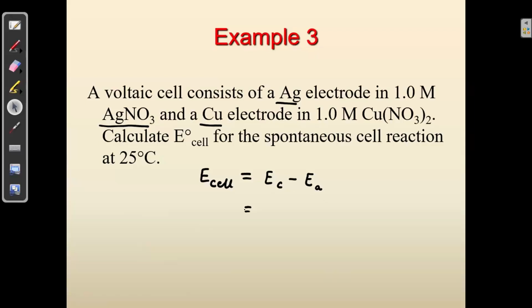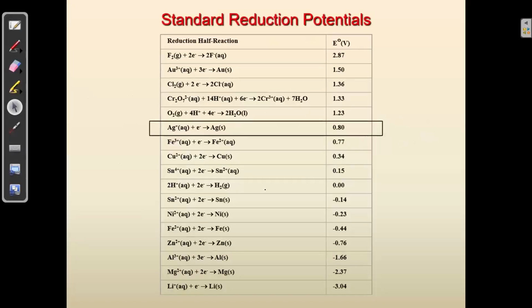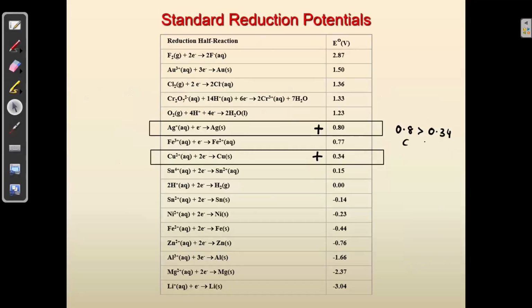How do we know which will come at cathode? Let us see the values in the table. Silver is 0.8, remember this is a positive value, and copper is 0.34. Out of these two, which is bigger? Definitely 0.8 is bigger than 0.34. So silver becomes the cathode and copper becomes the anode.